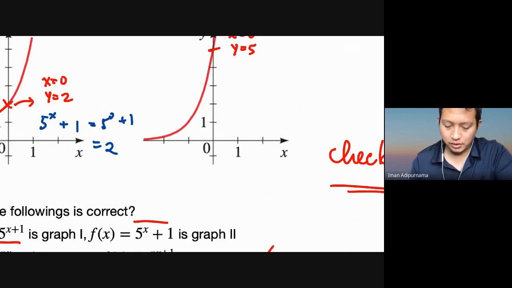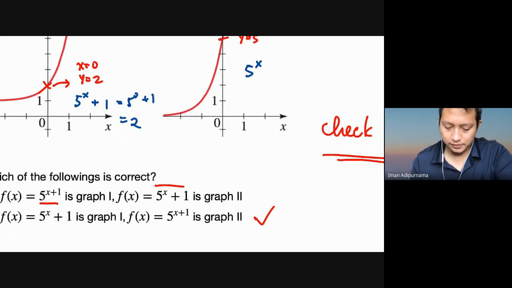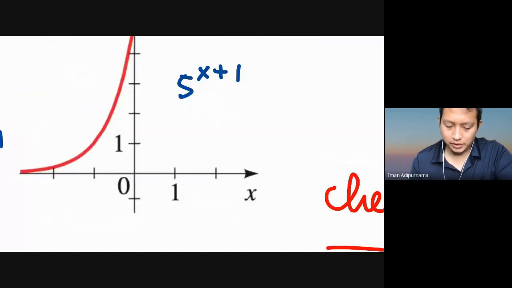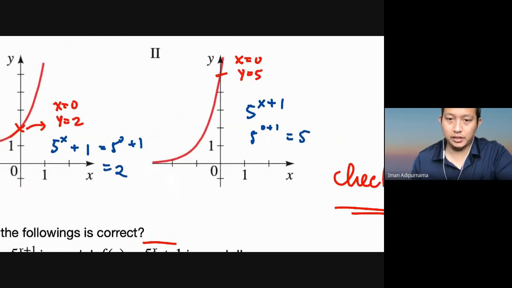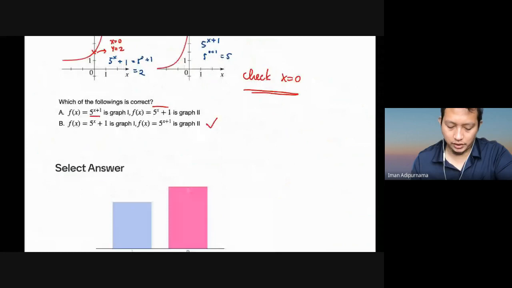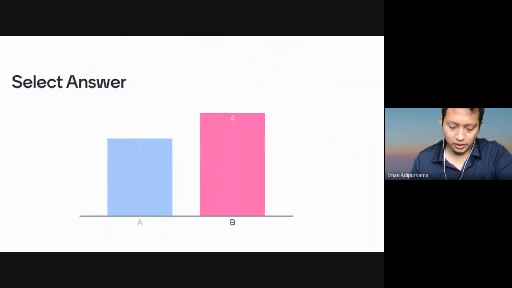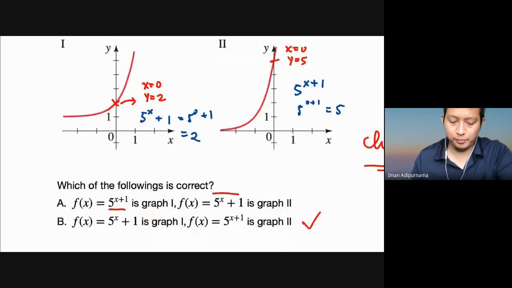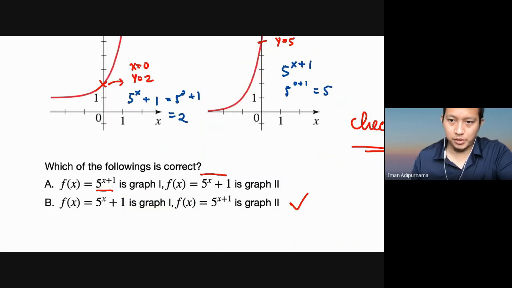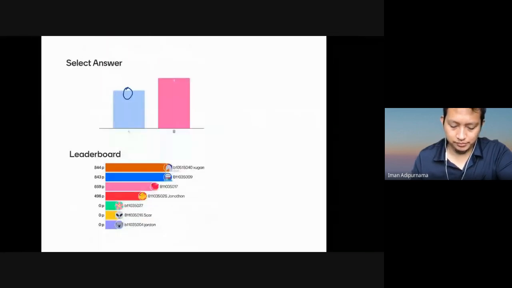So here, when x is 0, then this will be 5. I think this is clear. Almost half got it wrong. So I hope you read the questions carefully and how to look at the graph. I hope you understand this point.